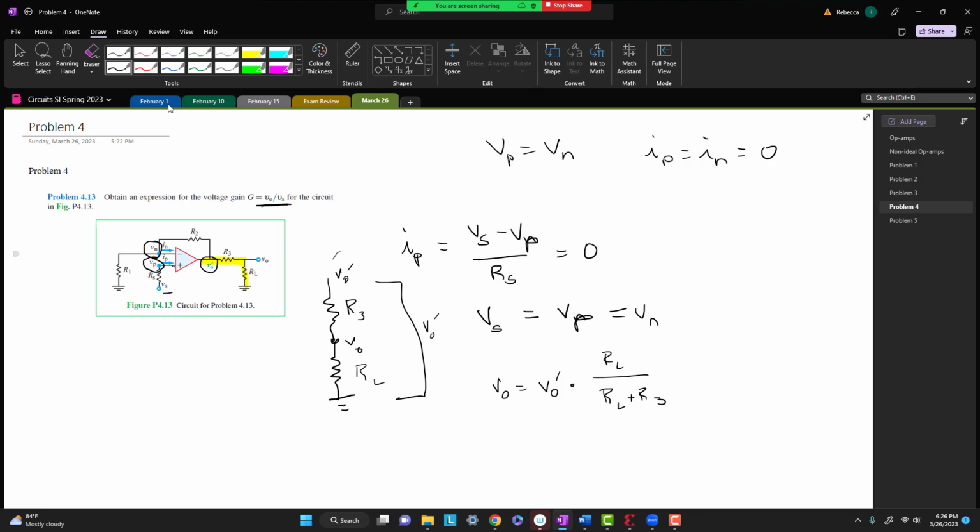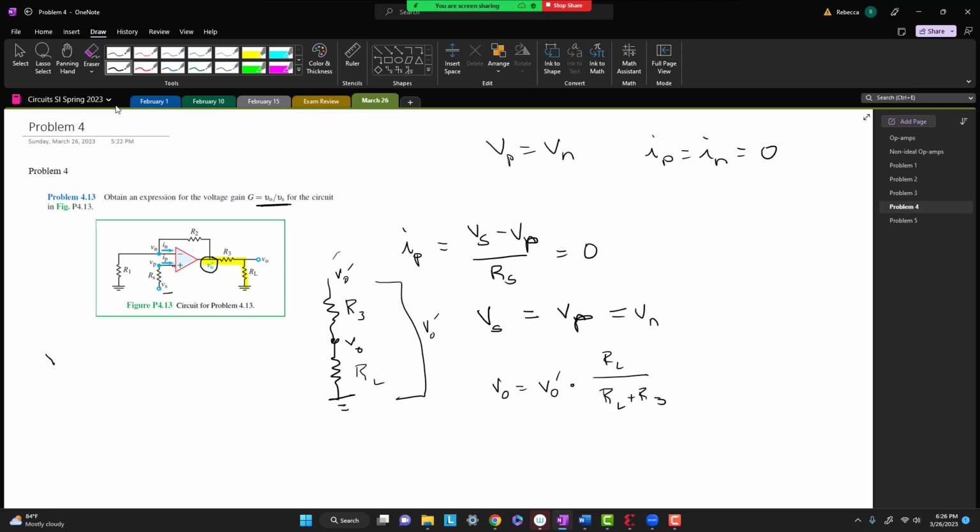So I'm going to start with my top node here, which is VN, and I'm going to write all my currents coming out of VN. So the voltage here minus the voltage at the other end of the resistor over the resistance, and I'm going to add all of those currents up, and they will equal 0.